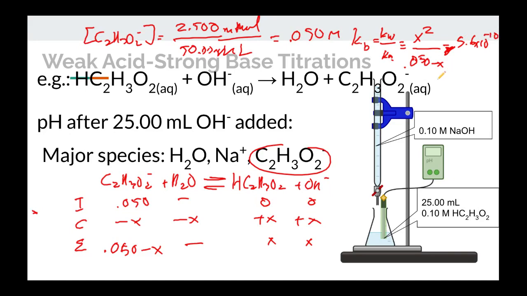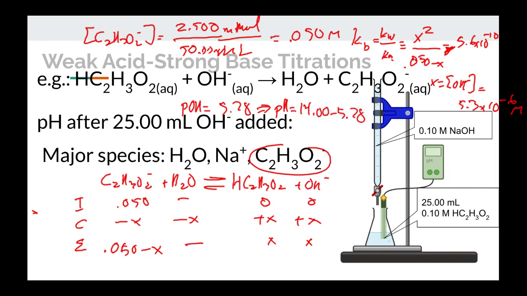And when you solve for x, which is concentration of OH⁻, you get 5.3 times 10 to the negative 6 moles per liter. So pOH is the negative base 10 logarithm of that, which is 5.28. So pH is 14 minus 5.28, which is 8.72.